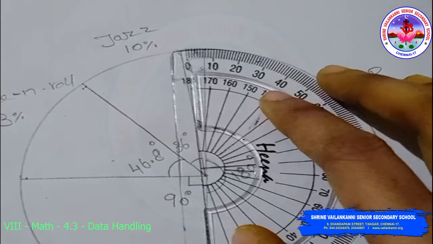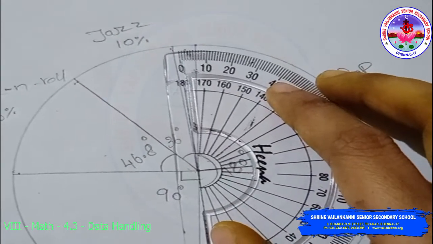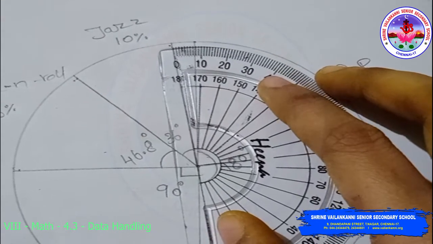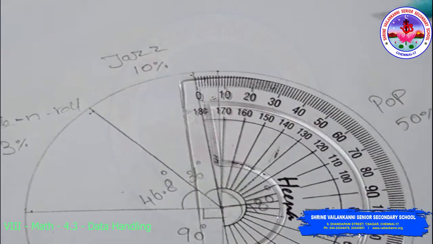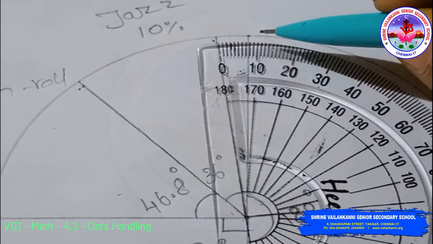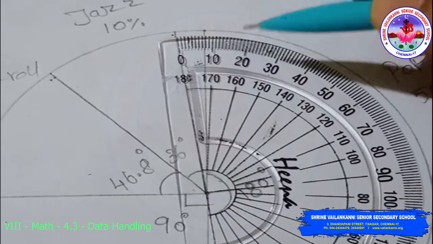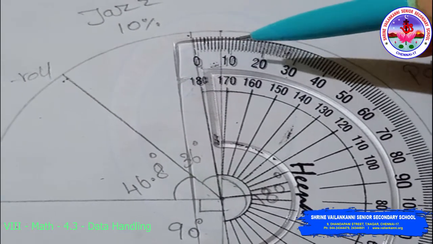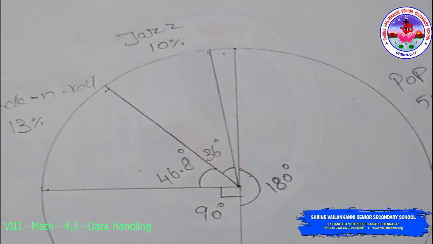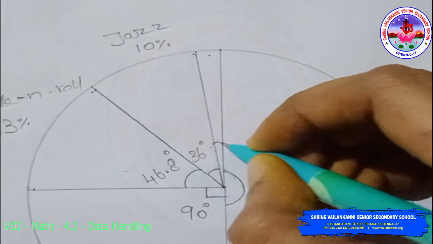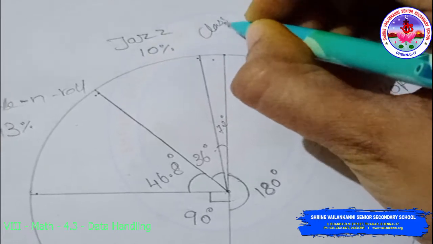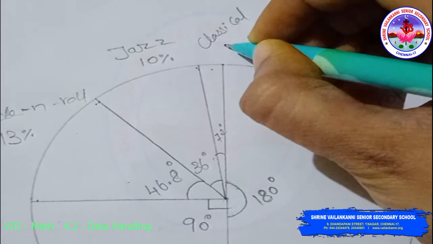Classical is 7.2 degrees. Place the protractor here. 7.2 degrees. The measurement is already at 7.2 degrees. Now write the degree, 7.2 degrees. Classical, 2%.